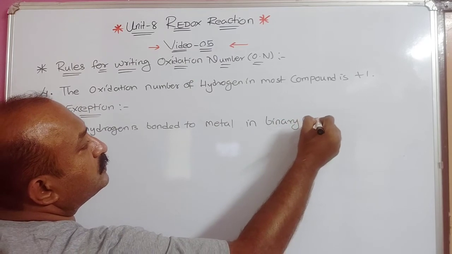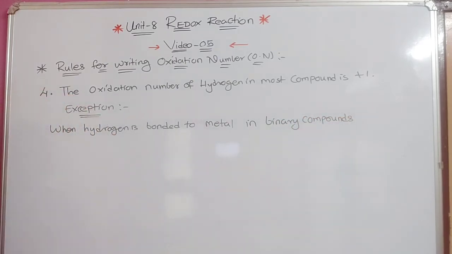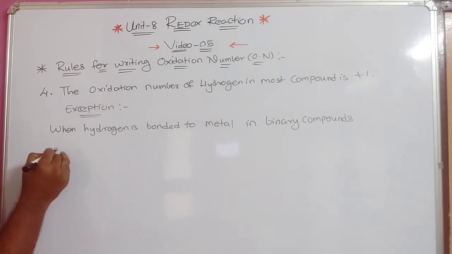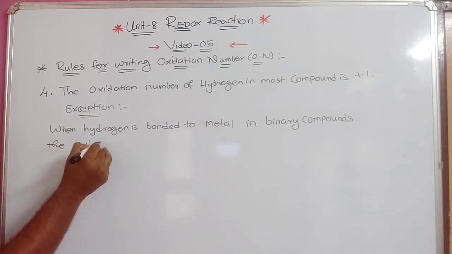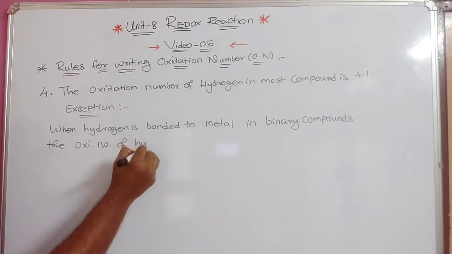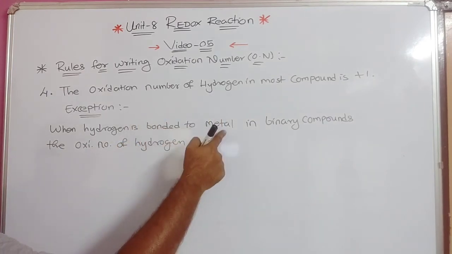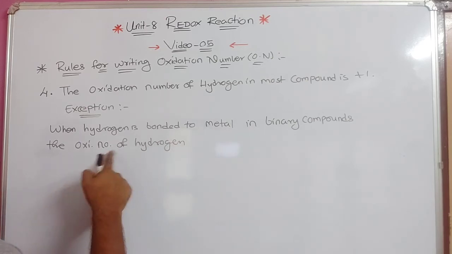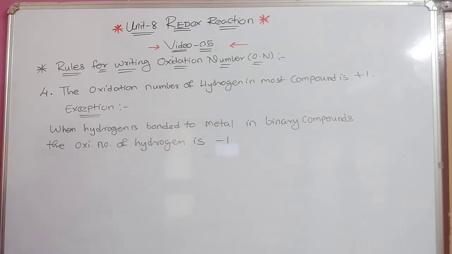Binary compound means two types of elements are used in that. Generally it is +1, but when it is bonded to metal in a binary compound, the oxidation number of hydrogen is -1. Okay, so this is an exception.